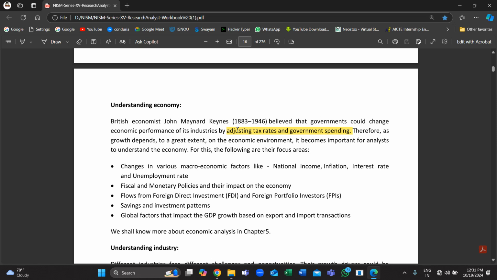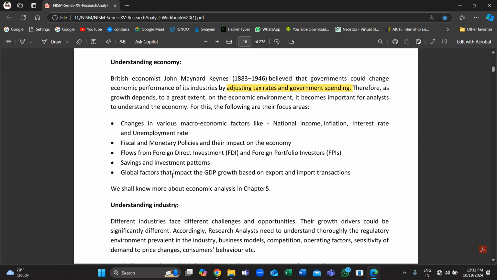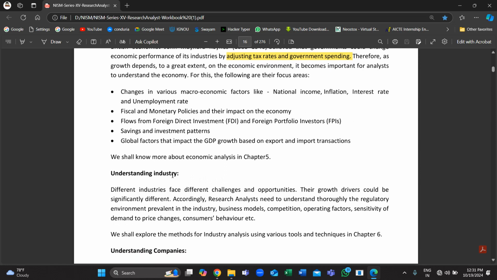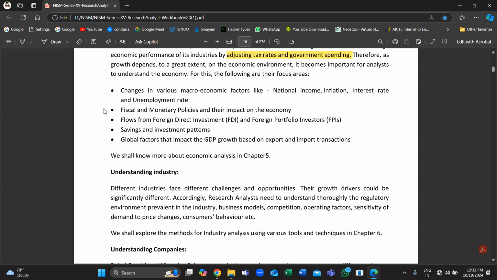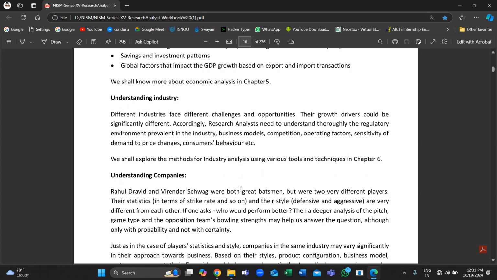So the analyst should understand how markets react to the data of these factors, along with fiscal and monetary policy, savings and investment patterns, and global factors that impact GDP growth based on export and import. All these factors the analyst should be able to analyze. Understanding the economy is very important.